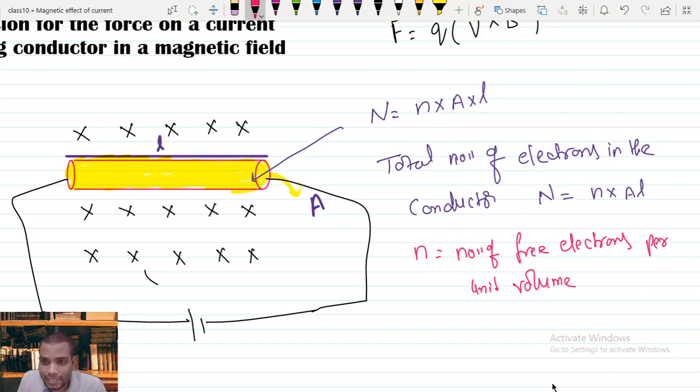So the total number of electrons equals n times A times L, and each electron has a charge of Q.